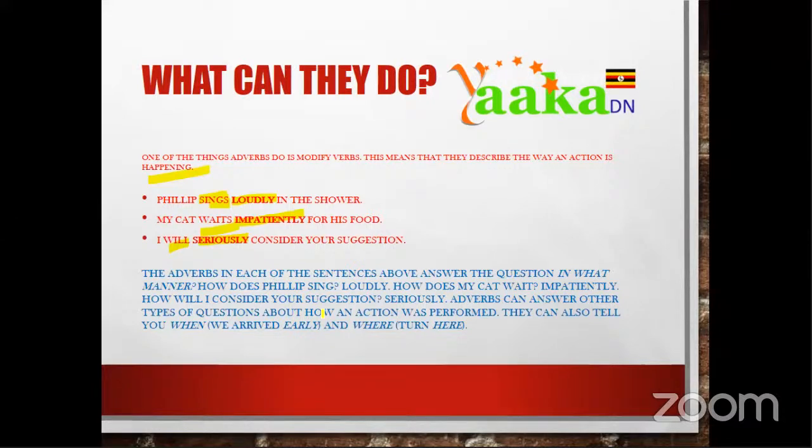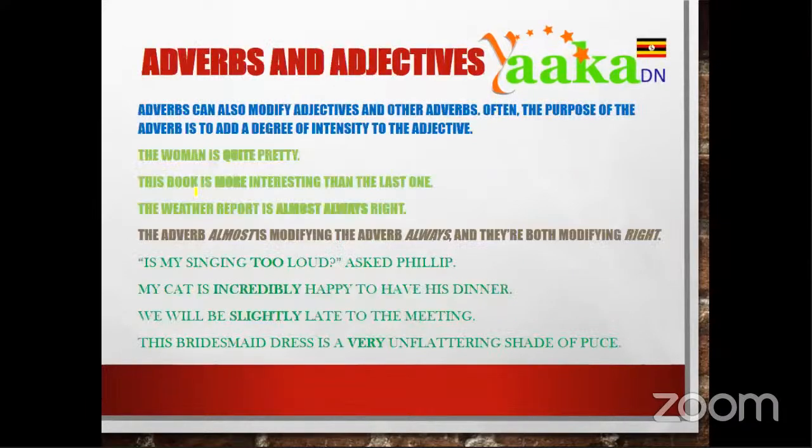Adverbs can answer other types of questions about how an action was performed. They can also tell you when an action was done, we arrived early, and where the action took place. So adverbs and adjectives. Adverbs can also modify adjectives and other adverbs.